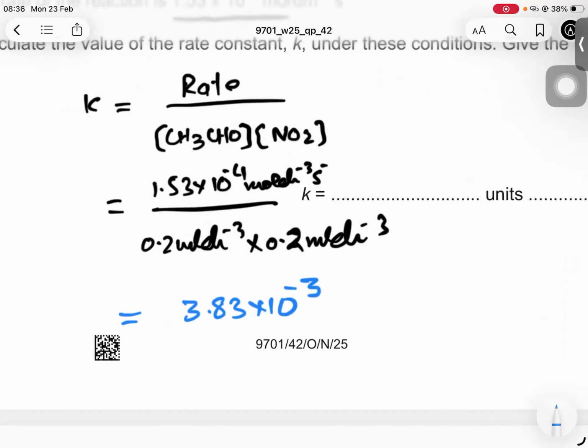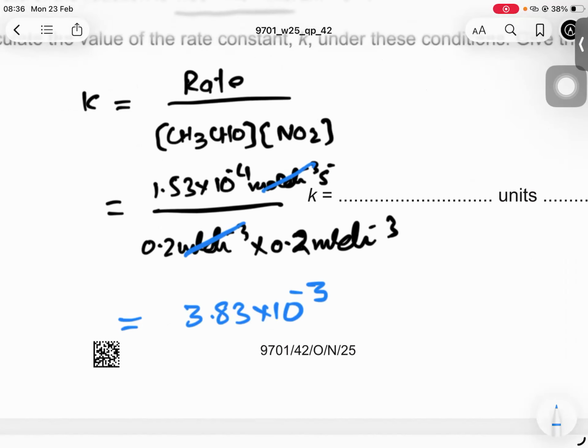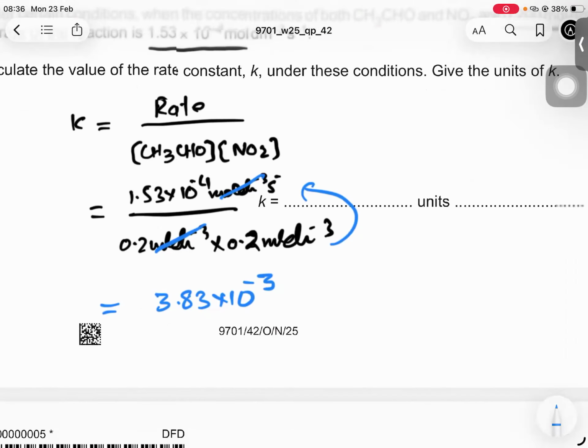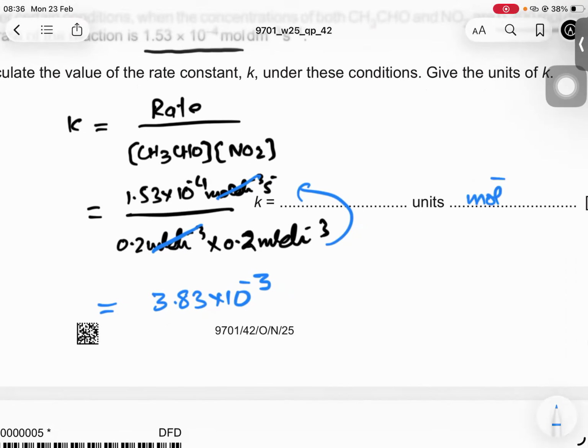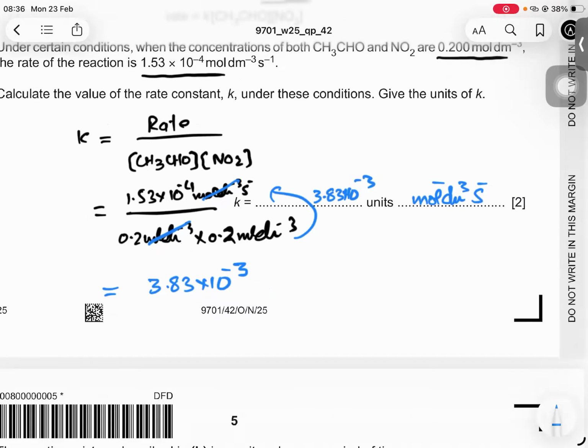Now, if you look at the units, this mole per dm cube cancels this mole per dm cube, leaving mole per dm cube here. So when it goes up, it becomes mole minus 1 dm cube per second. And this is 3.83 times 10 to the power minus 3. Here is the value of K.